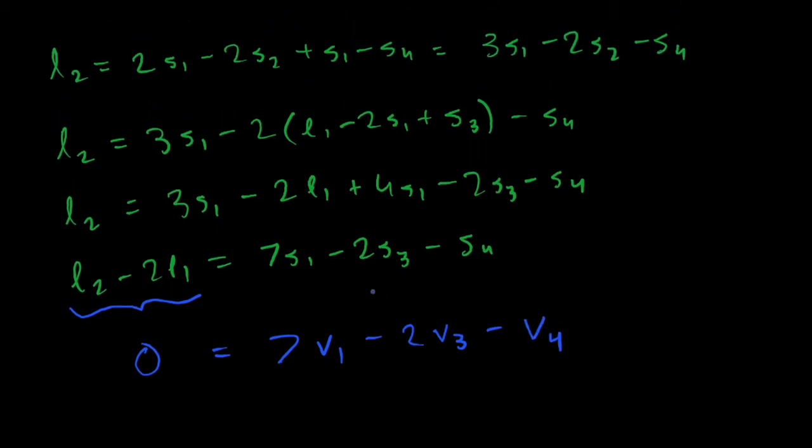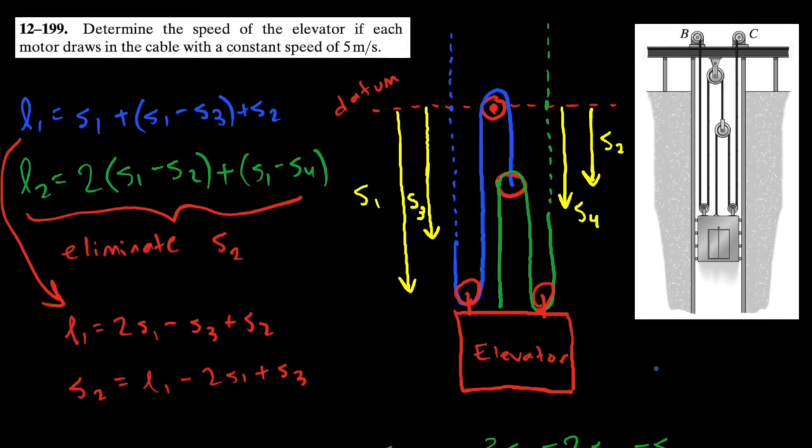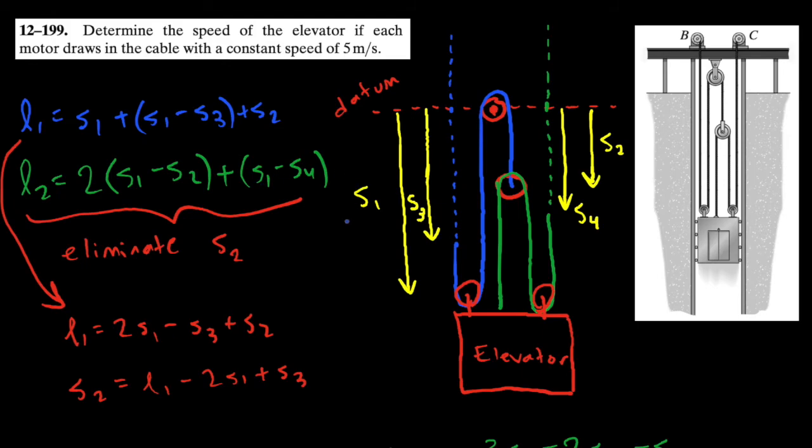So let's look at what these guys mean. This is basically the derivative of each of these displacement values, right? So in the problem, it says, determine the speed of the elevator. So that is v1, the derivative of this displacement value. We know the derivative of s3 and s4, so we know v3 and v4. It is equivalent to -5 meters per second.